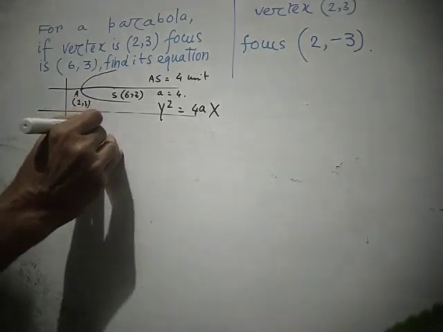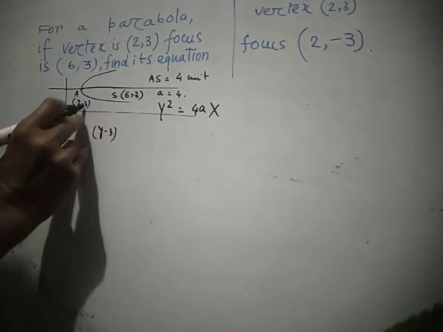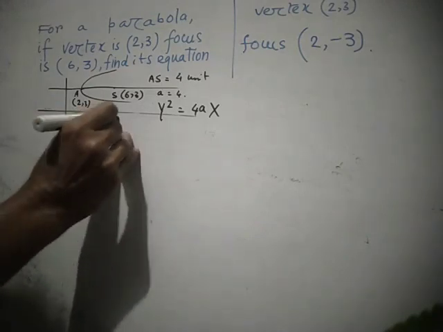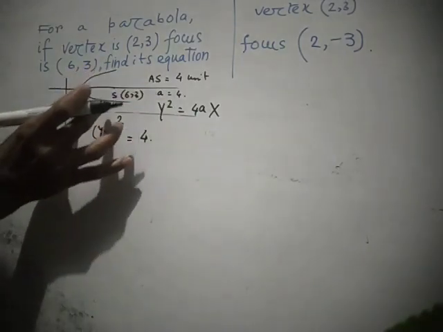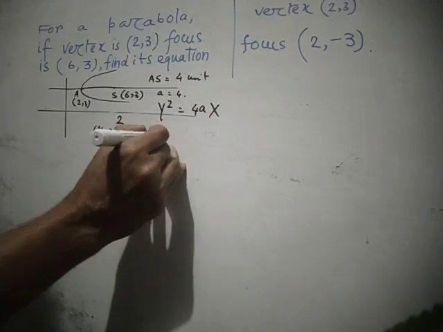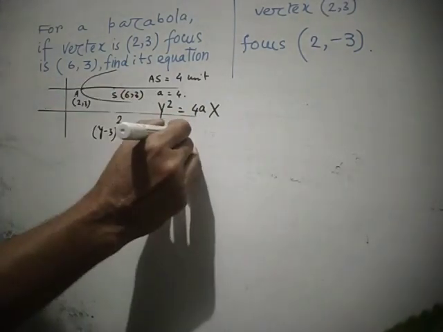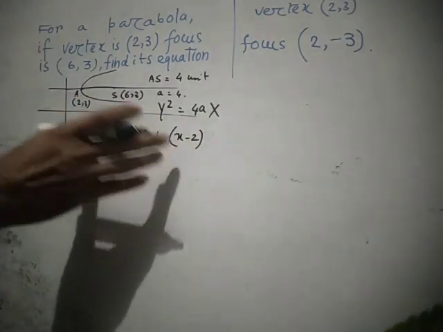It will be (y minus 3) whole square, using the vertex ordinate, equals 4 into a, which we already calculated, 2 to 6 is 4 units, so 4 into (x minus 2). So this would be the equation. We can simplify, but this is the equation of the parabola.